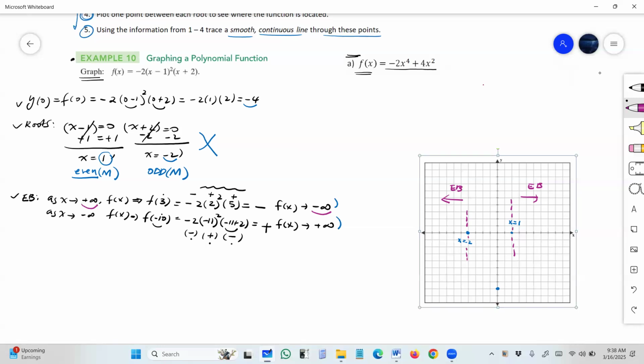After the last root, the function has to go this way. For the negative infinity, as x goes to negative infinity, the function is going positive. So after the last root in here, the function has to go up. So this is the end behavior of our function.